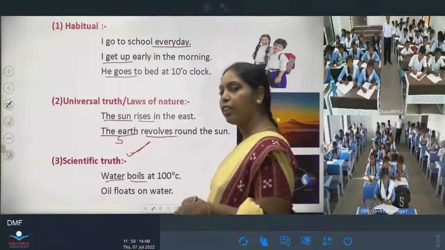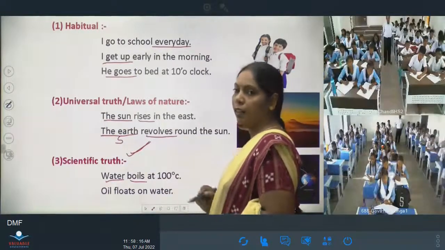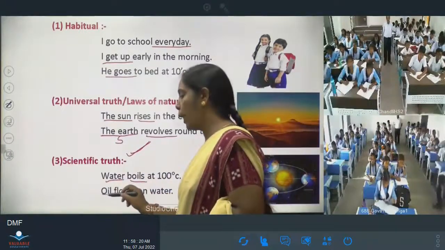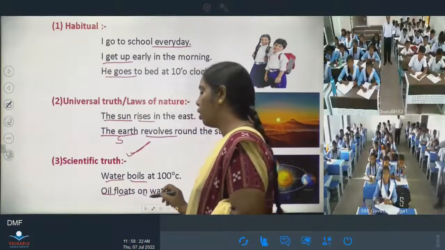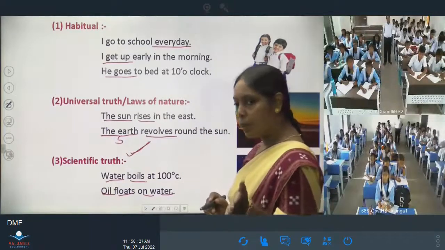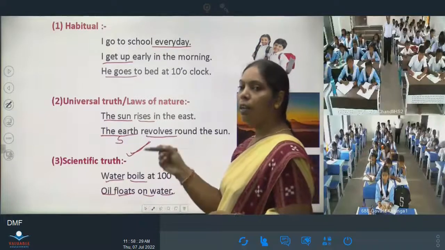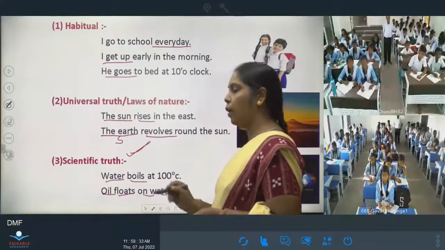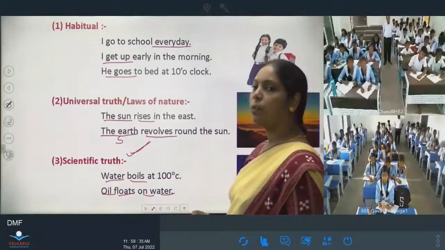It is already fixed and proved that it will boil at 100 degrees Celsius. Again, oil floats on water. You have also experimented with this, that oil floats on water. This is scientifically proved. That's why we use present simple here.